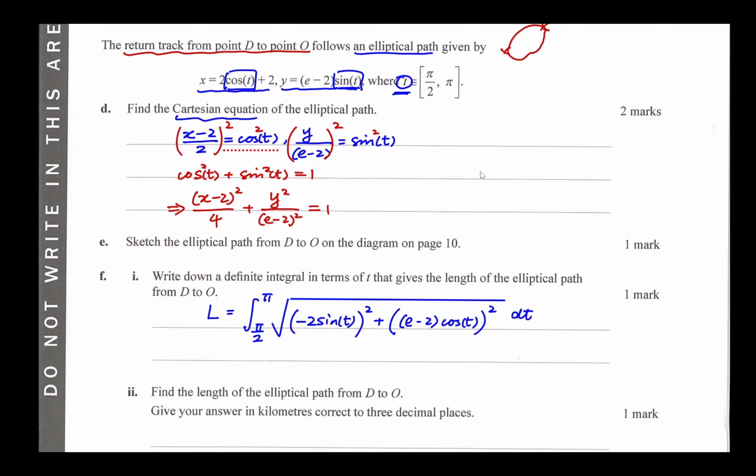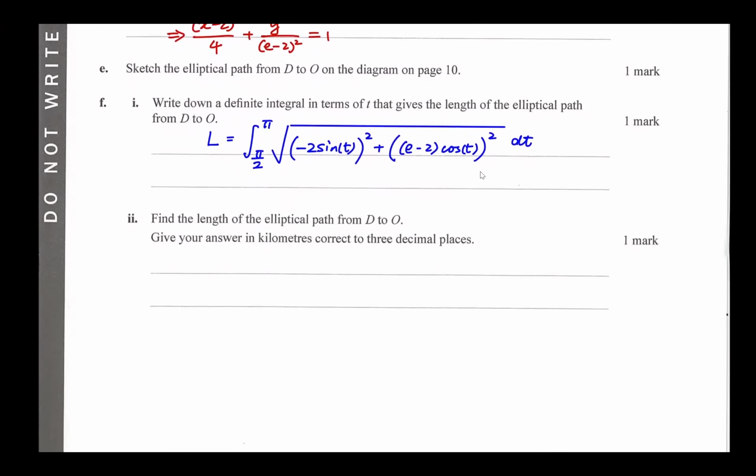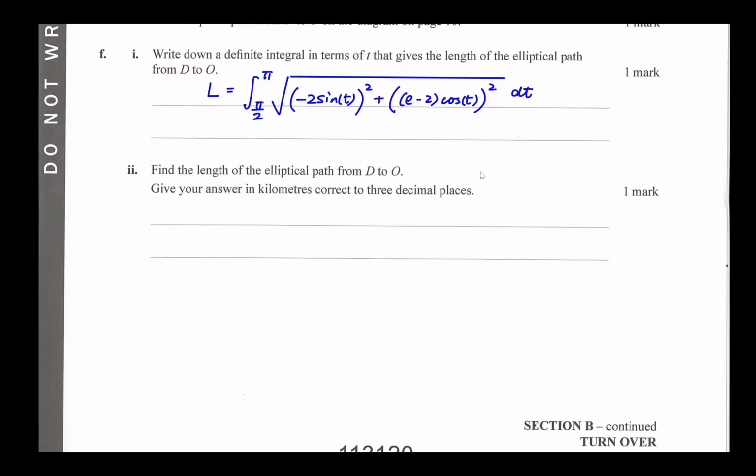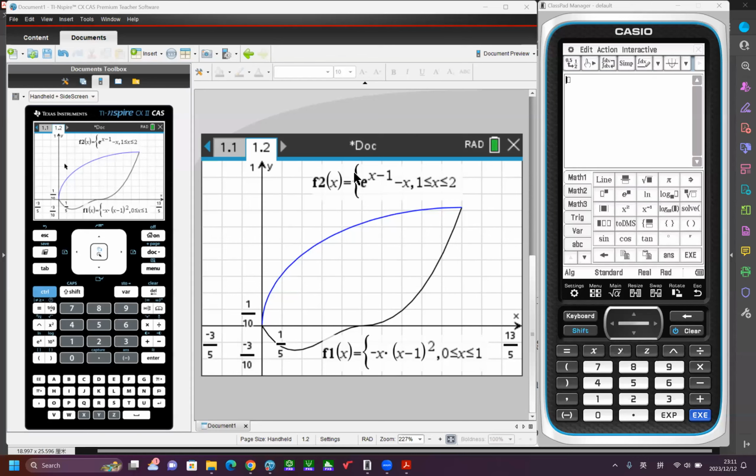Never forget your infinitesimal. And then we find the length of the elliptical path from D to O. Give your answer in kilometers correct to 3 decimal places. Basically, we are integrating the speed function of this elliptical path. So what I'm trying to do on the CAS calculator will be as follows.